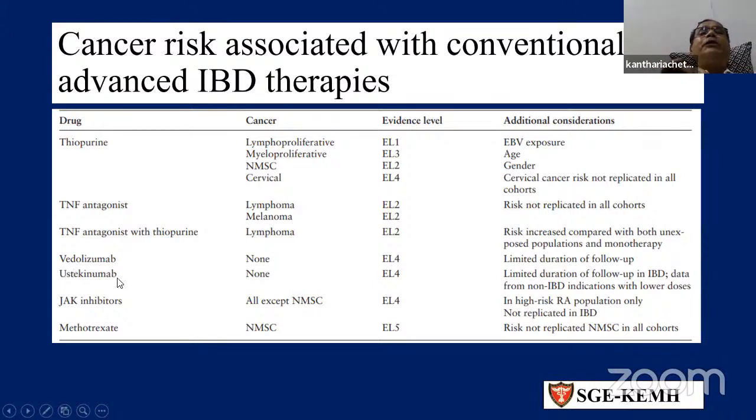With vedolizumab and ustekinumab, fortunately, no malignancies have been detected, and therefore we can make use of these when you detect malignancies in a patient with IBD. JAK inhibitors can cause all malignancies except for non-melanomatous skin cancers. And methotrexate is known to give non-melanomatous skin cancers.